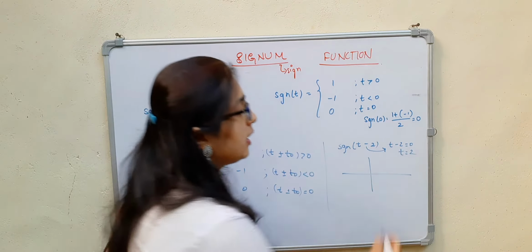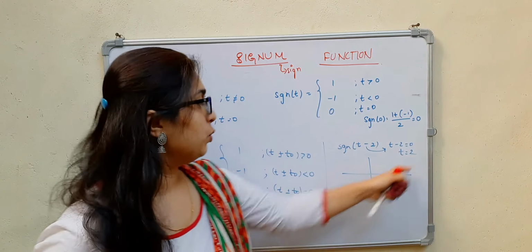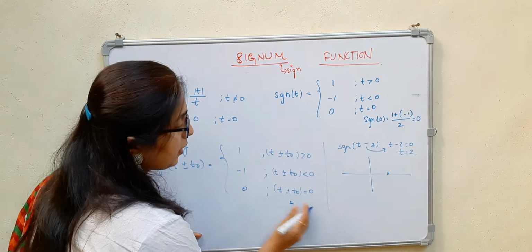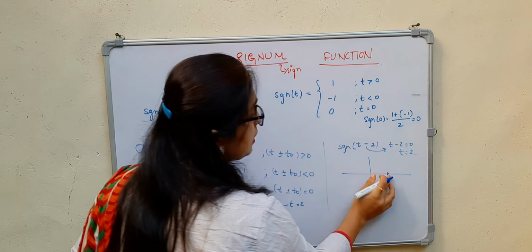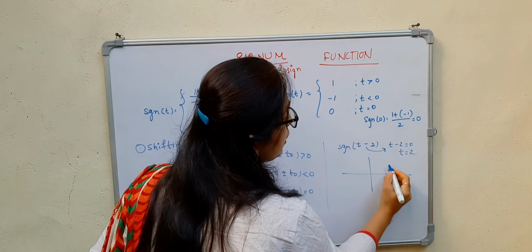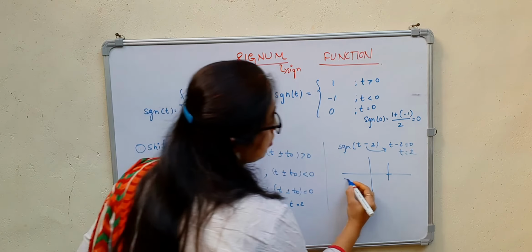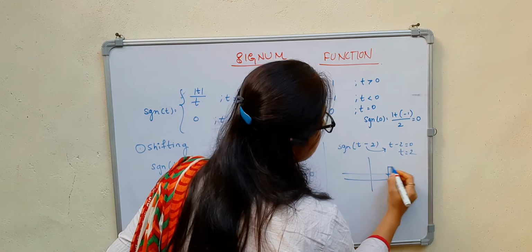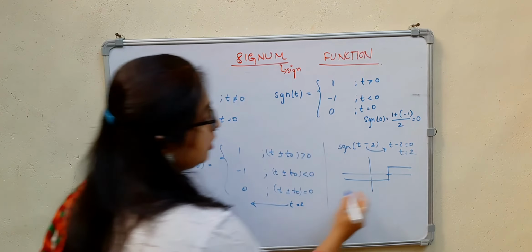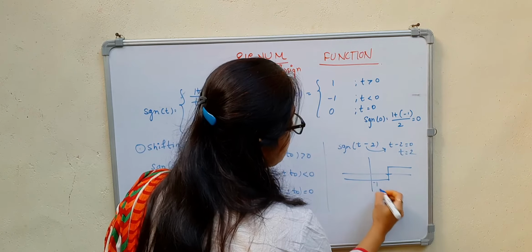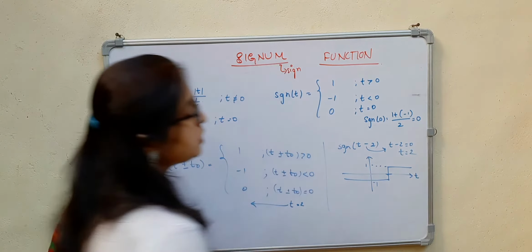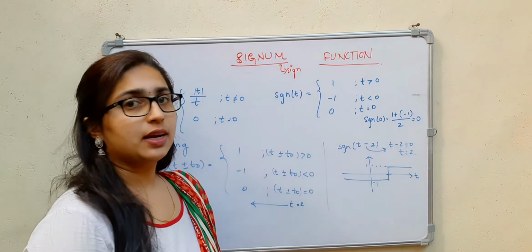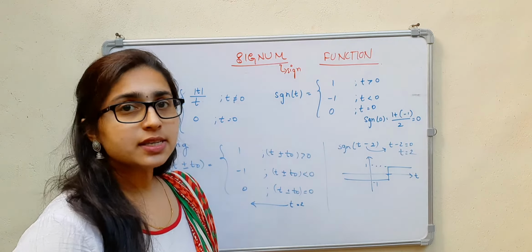That means at this particular point, t equal to 2, you will have 0, and there will be a point of discontinuity. It will be shifted like this. It is -1, this is 1. This is your shifted, that is delayed, version of the signum function.